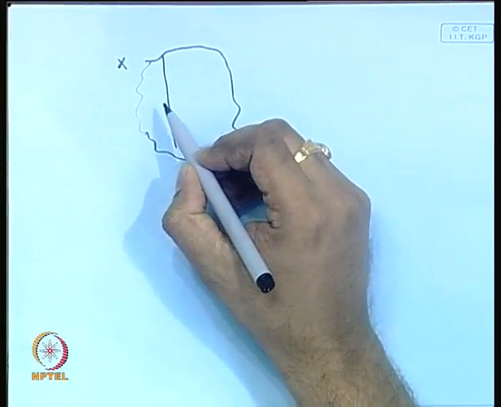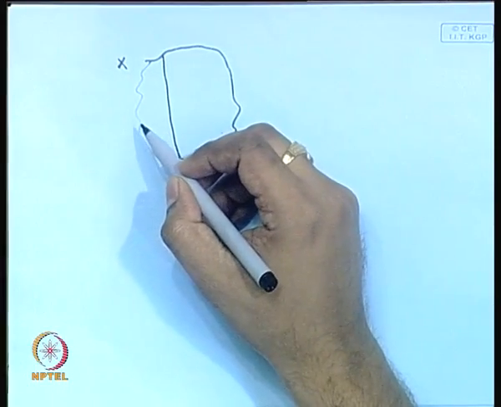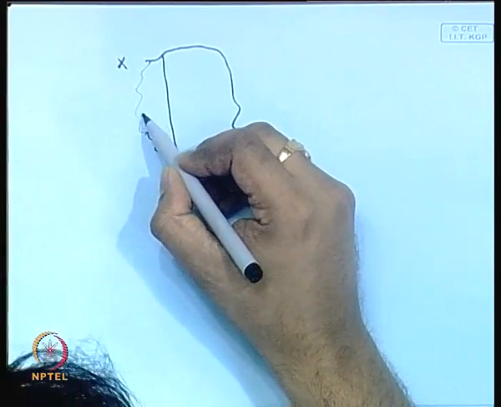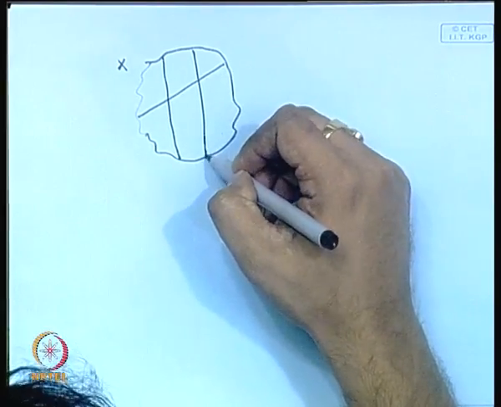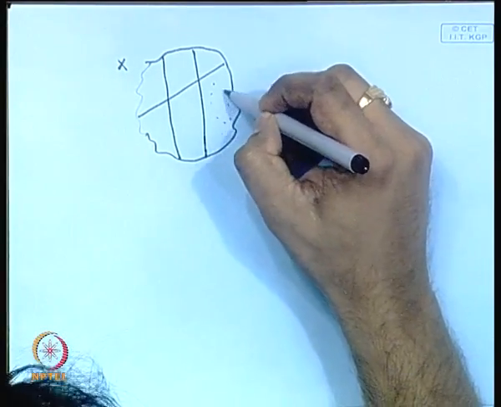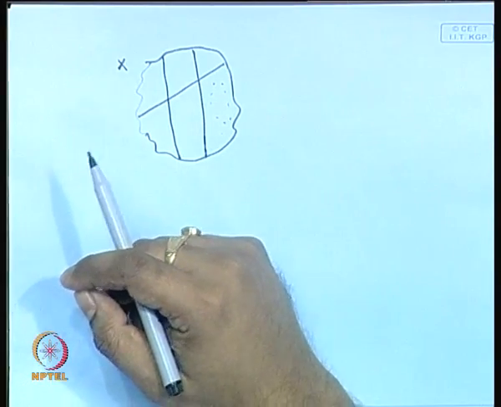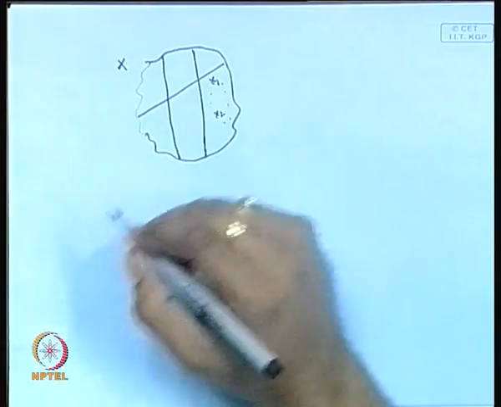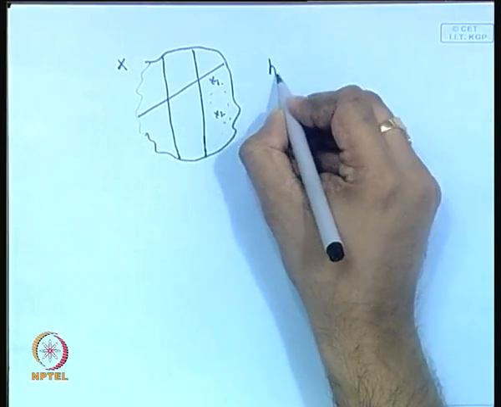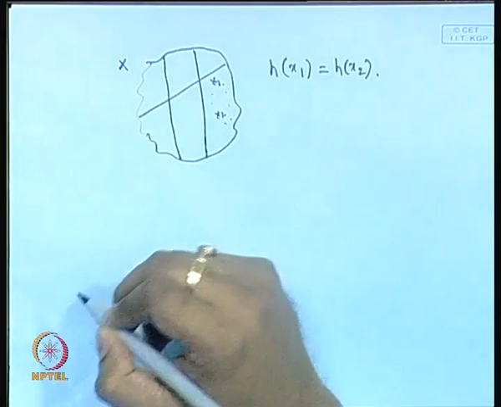We know that we can induce partitions by equivalence relations. We partition this set such that all the values which lie in one partition have the same hash value. That means that if there are two values x1 and x2 in one partition, then h of x1 and h of x2 are the same.